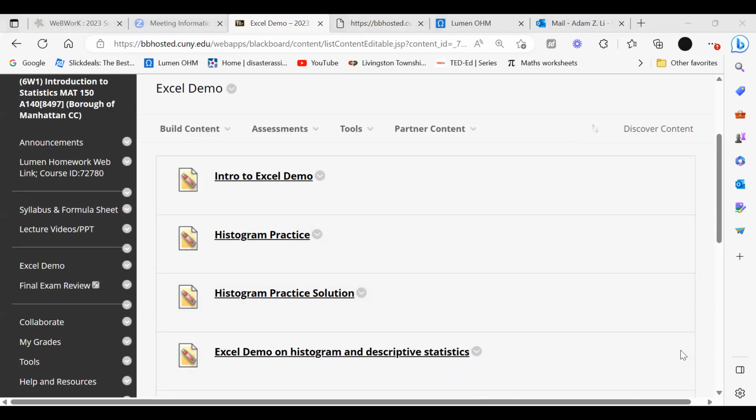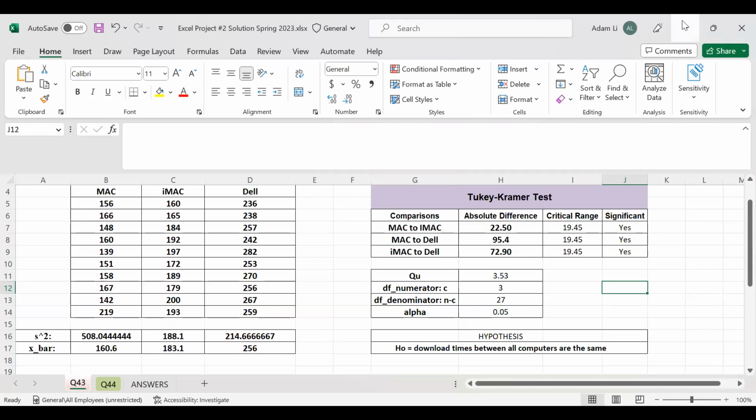Okay, now once you open that, you're going to see this file here. Let me show the file to you.